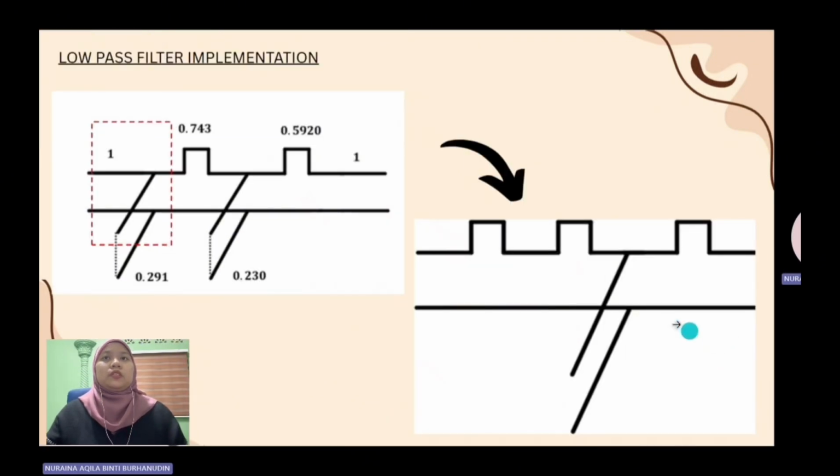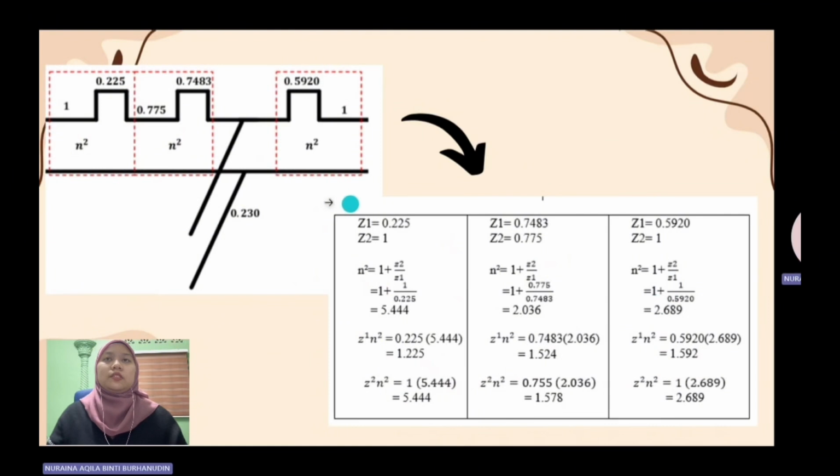From the low pass filter implementation, we can turn this circuit through the Kuroda identity into the series implementation. From this series transformation, we have to calculate the N2 using this equation.